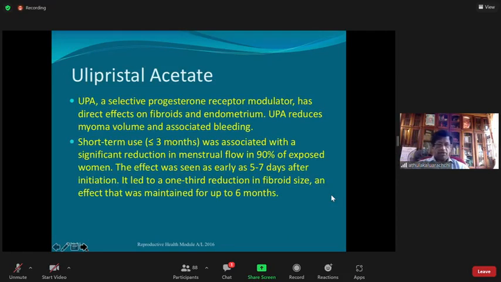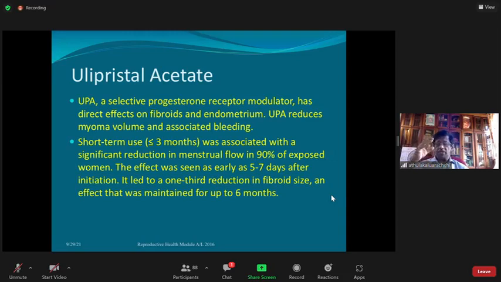The newer drug, in the sense that it's not been something that's used in the past. The drug is not new, but ulipristal acetate is also a drug that can be used to reduce the size of fibroids. So you can use either GnRH analogs or even ulipristal acetate or mifepristone.